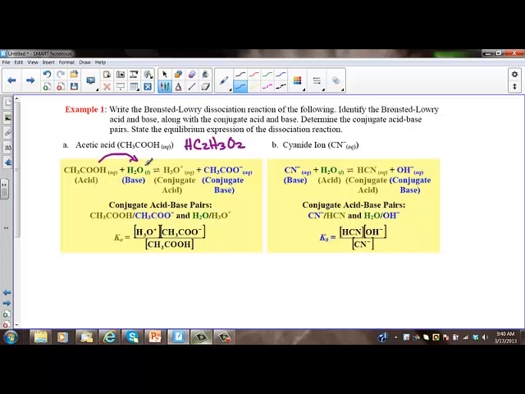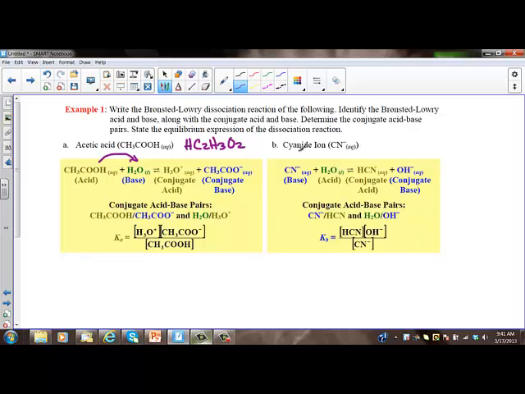So that's my acid, it's donating. This is my base, it's accepting. So this becomes my conjugate acid, and this is my conjugate base. So here are my conjugate acid-base pairs, the CH3COOH and the CH3COO minus without the H, and then the H2O. Again, the only difference is the proton, and then I write my expression, products over reactants.